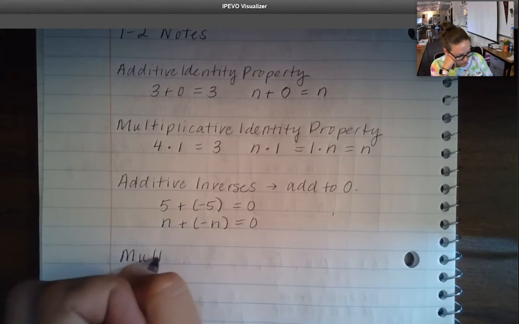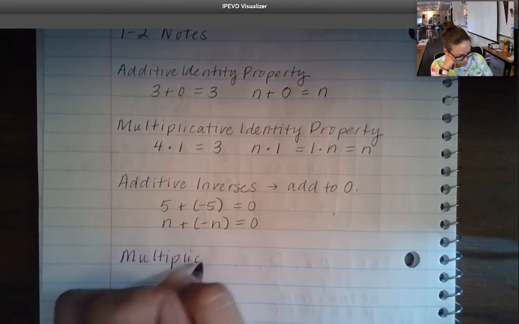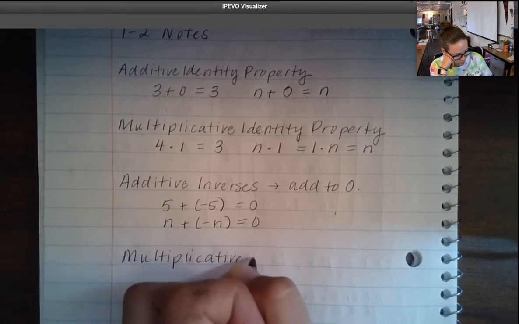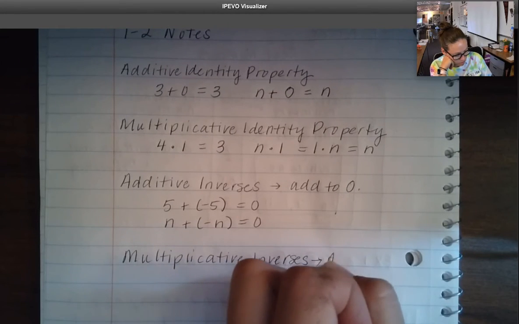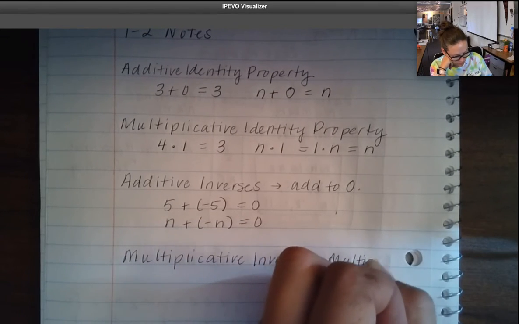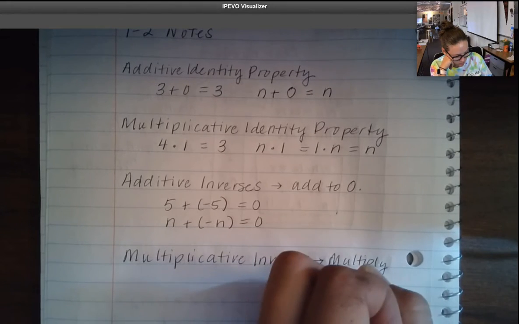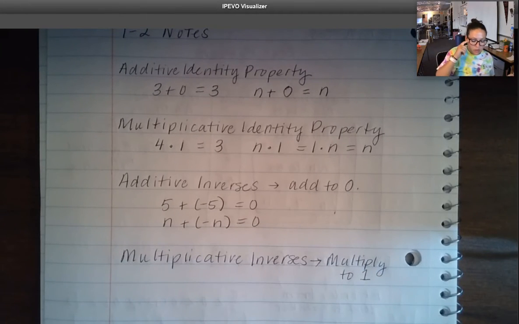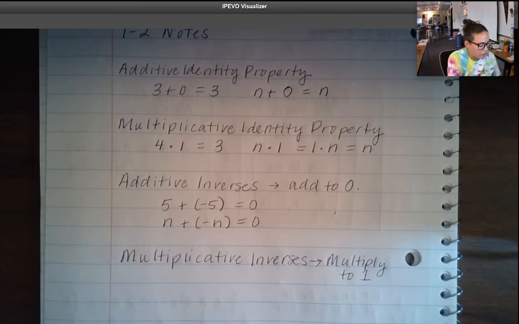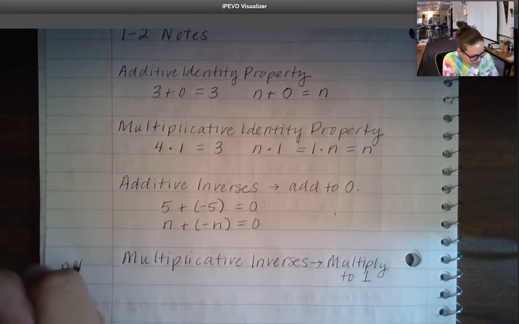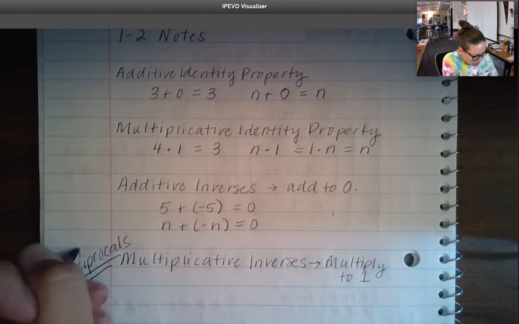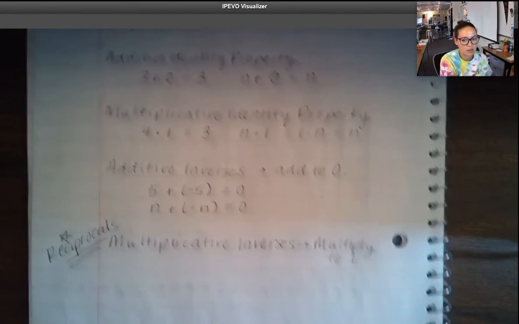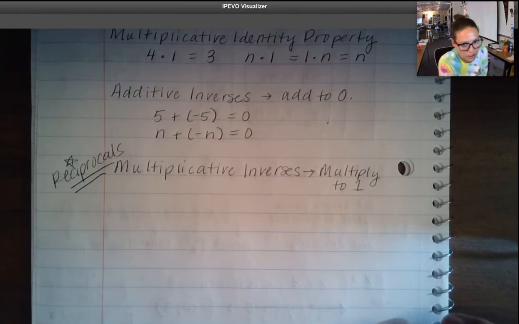Multiplicative inverses. Multiply to 1. And we've talked about this a little bit before, but these are always reciprocals. That's a word that you should be able to recognize and know what it means.